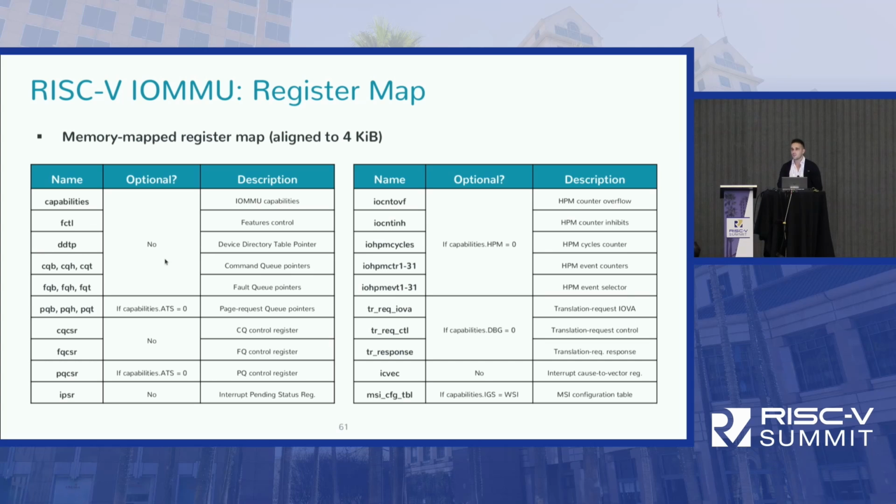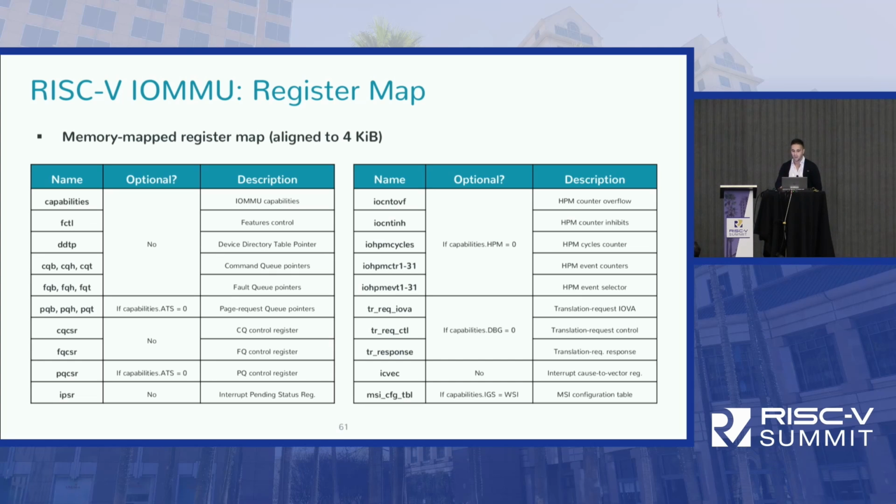Some are not, like, for example, the capabilities register, through which you can read the IOMMU capabilities, and you can interface with the different queues, like the command queue. You have the base, the head, and the tail registers.